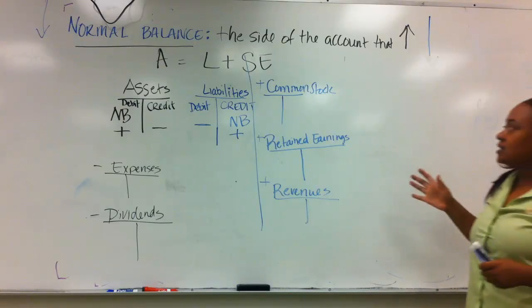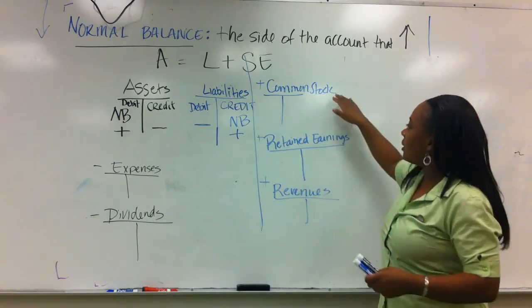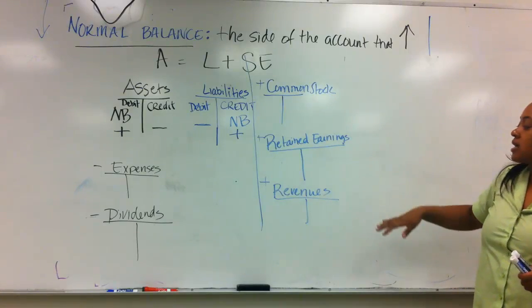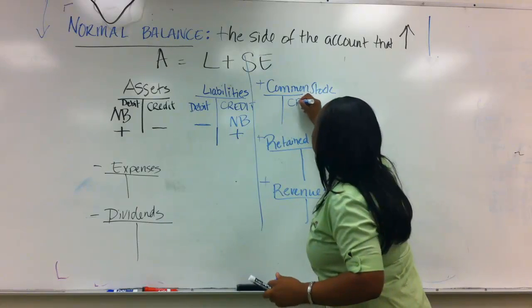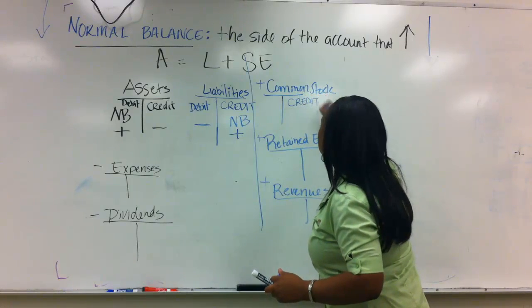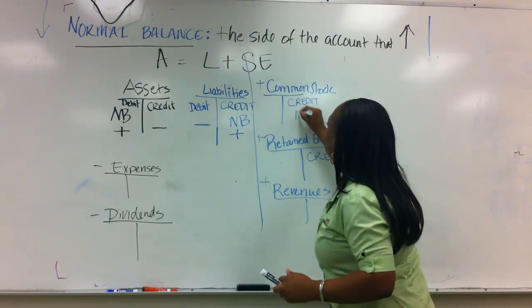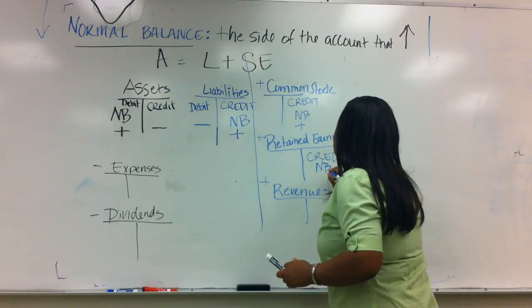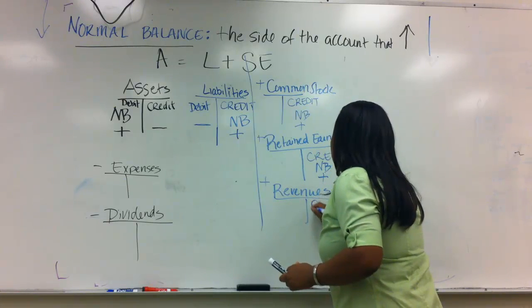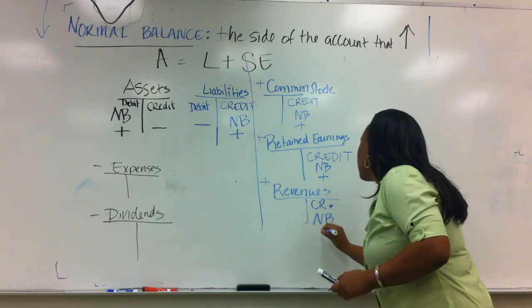So what that means is all of the liability accounts, all the common stock accounts, retained earnings accounts, revenues accounts are going to have a normal balance of credit. That'll be our normal balance. That'll be the side that increases.